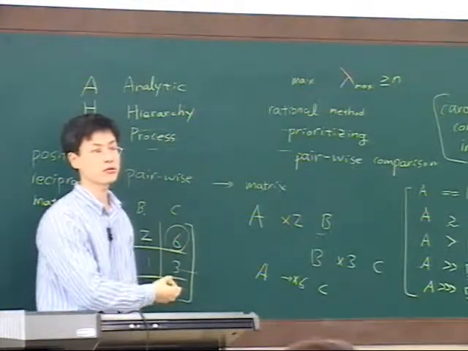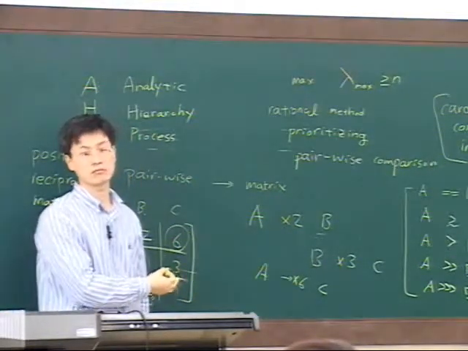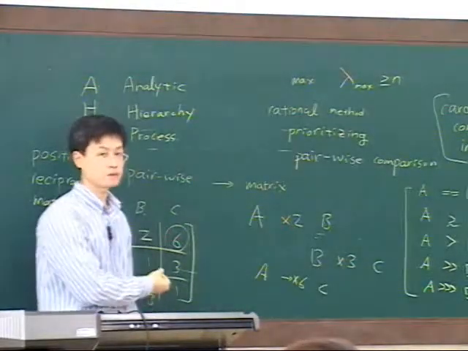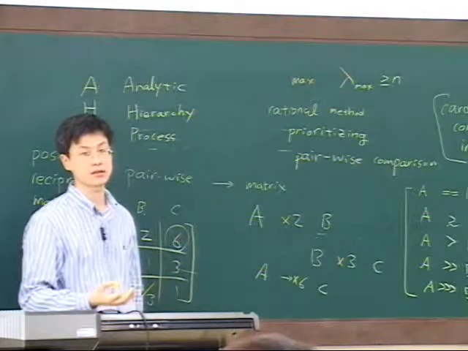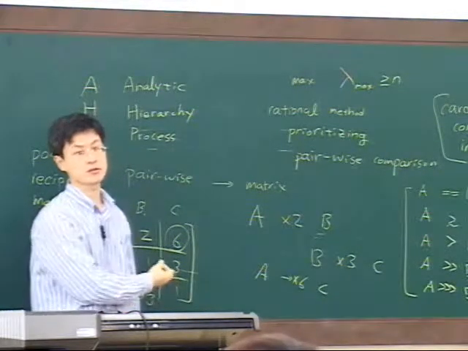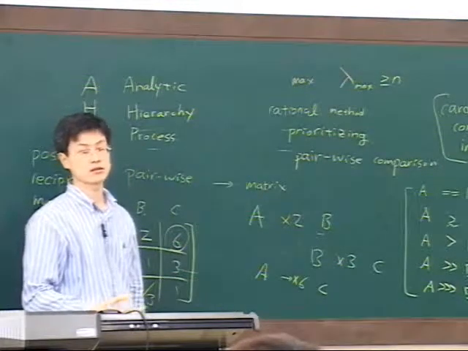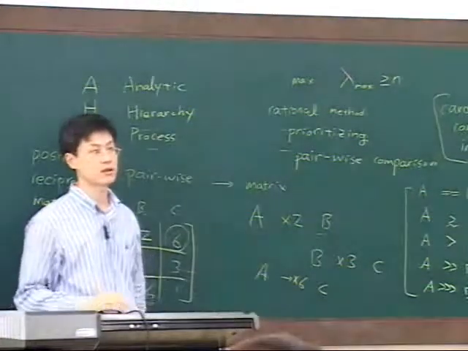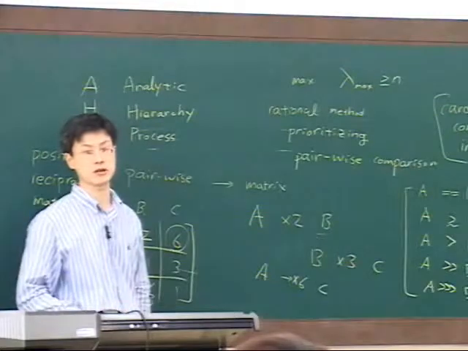For example, if it satisfies all these nice requirements, then it will have 3 different eigenvalues because it's a 3 by 3. If we are dealing with a 5 by 5 matrix, and if that matrix satisfies all these nice conditions, it will have 5 eigenvalues, right?